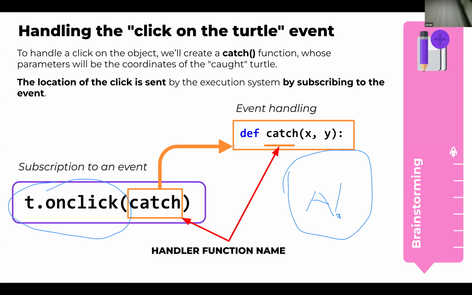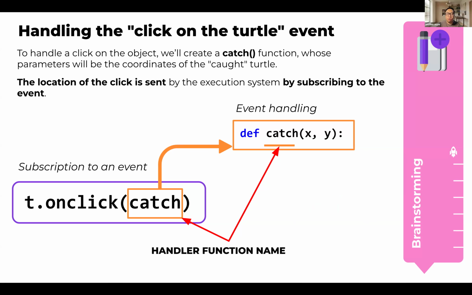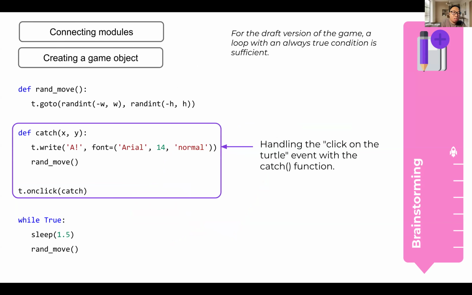And maybe you're asking, what does catch mean in here, right? The catch, if you remember, is a custom function that we already made before. Do you remember it? No. It's going to be something like this. Let's see it. This random move and the write function are basically just a custom function that when you click on the turtle, it means you catch the turtle, right?